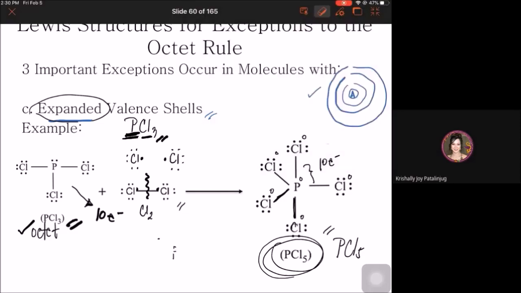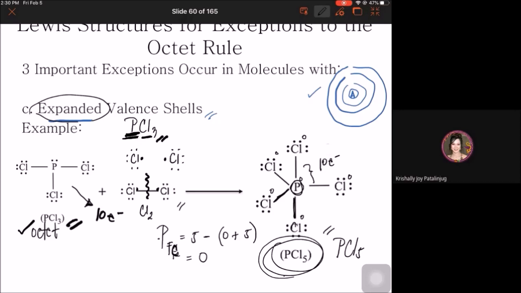Yung valence electron ni phosphorus is 5. Huwag kalimutan ha, yung formula ng formal charge. Valence electron minus number of lone electrons or unshared, wala, plus bonds, 5. So, 0. Okay? So, stable yung binding niya kahit nag-expand siya ng valence shell.